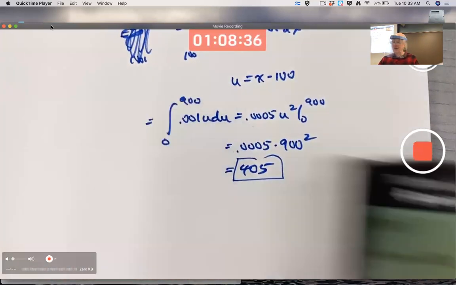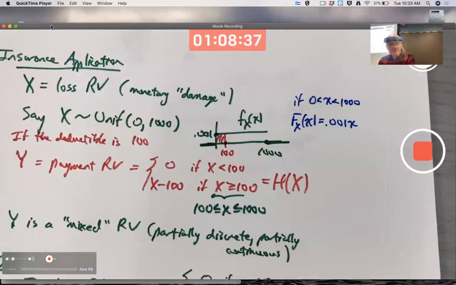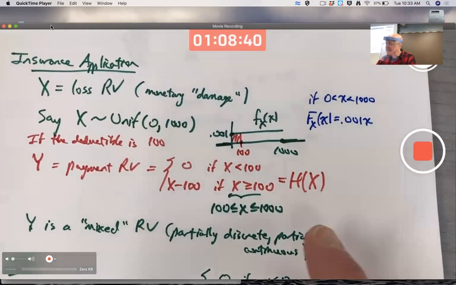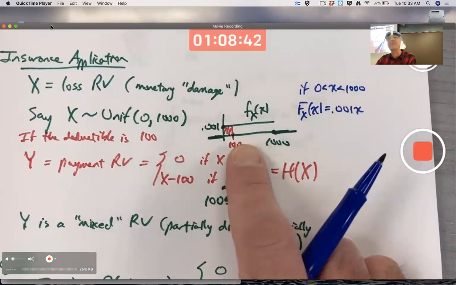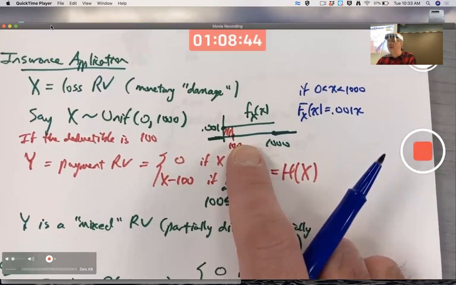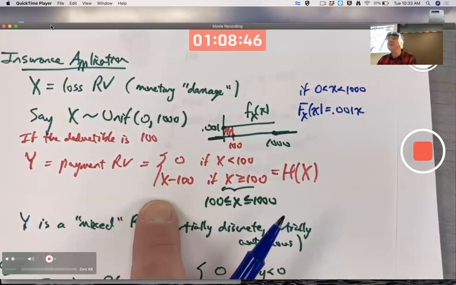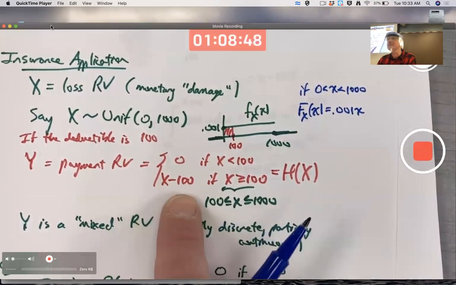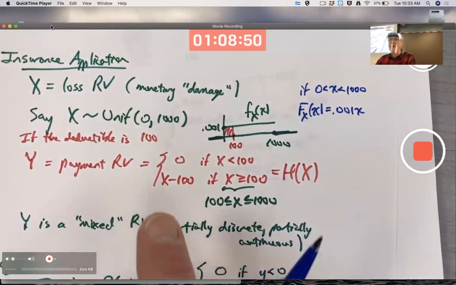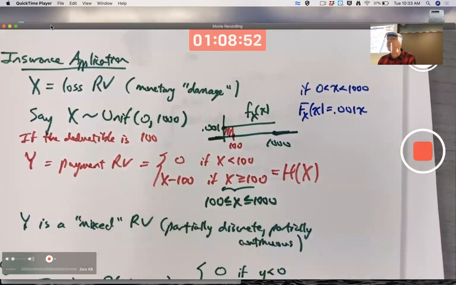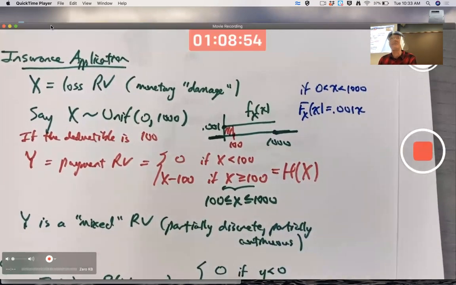X is uniform 0 to 1,000, a mean of 500. Why is this piecewise function of x subtracting off 100? Intuitively, without being careful, you might think y is uniform on the interval from 0 to 900 and having a mean of 450.